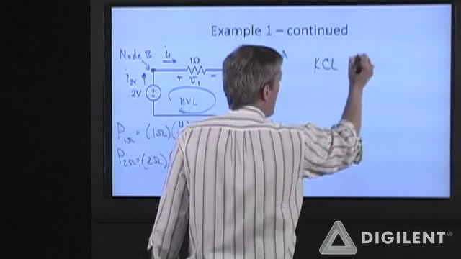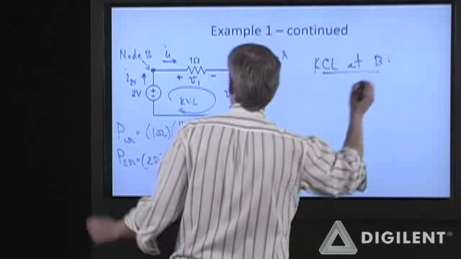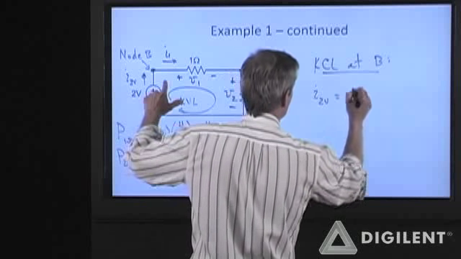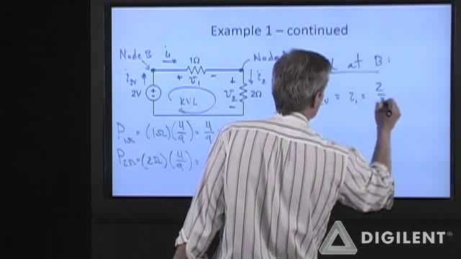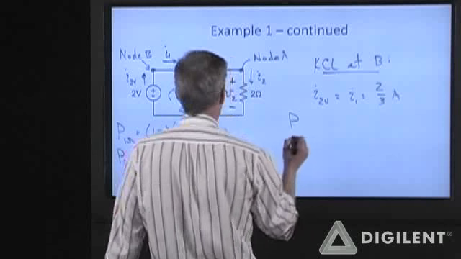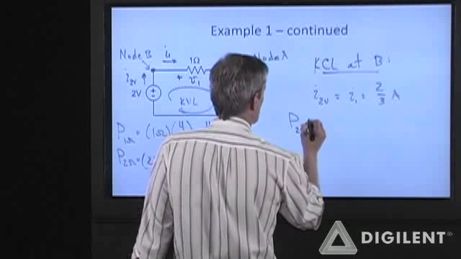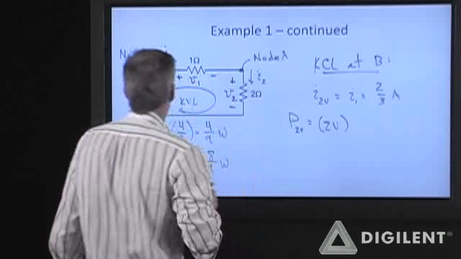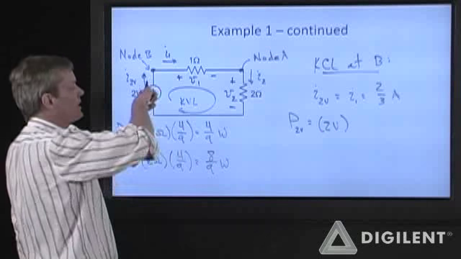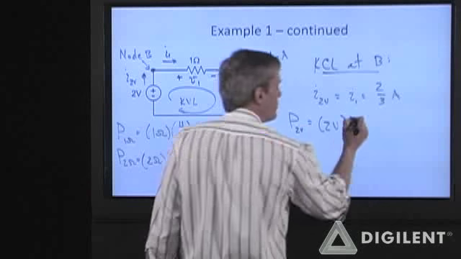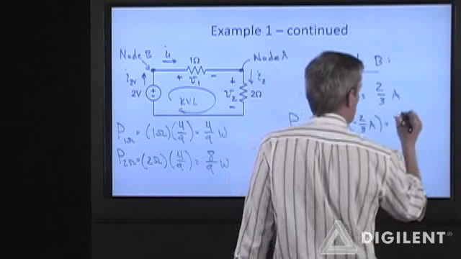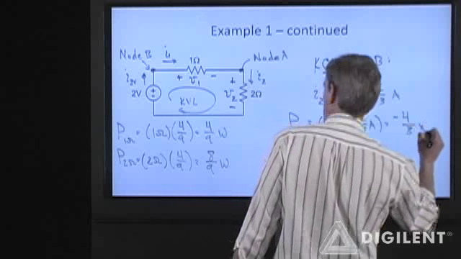KCL at B says that the current through the 2-volt source is equal to I1, which is 2/3 of an amp. So the power of the 2-volt source is equal to 2 volts. Current is actually leaving the positive voltage node. I treat this as a minus 2/3 amp, so this is minus 4/3 of a watt.